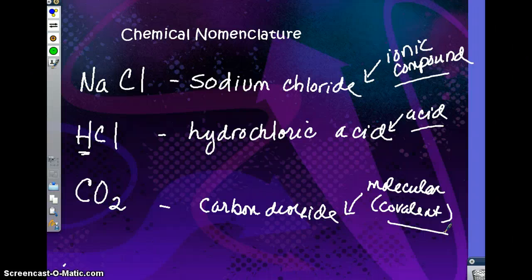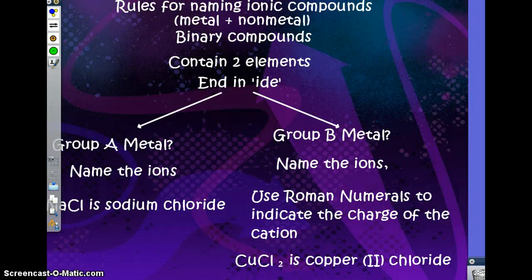Now, the first types of compounds that we're going to look at will be ionic compounds. Now, rules for naming an ionic compound, which typically we're going to have a metal and a nonmetal in an ionic compound, or a metal with a polyatomic ion, or a polyatomic ion with a nonmetal.